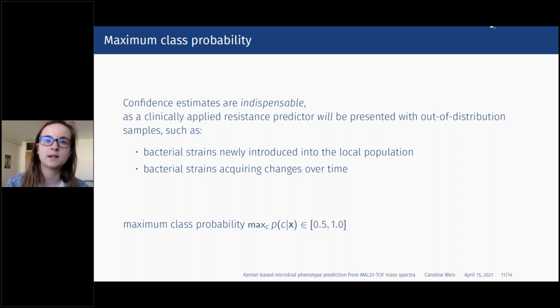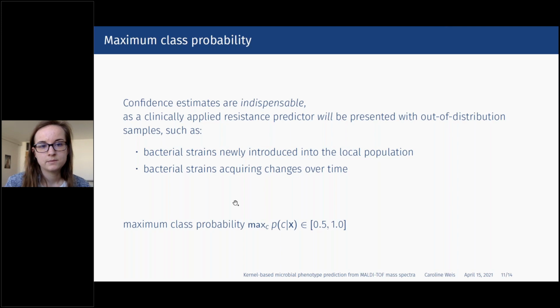Because if you're thinking about a clinically applied resistance predictor, the predictor will be given samples that it is not sure about, because a bacterial strain comes up in the clinic that is not part of your training data set. For example, if a patient comes in with a strain from traveling, and also changes occur in the strains over time. So you need to be able to assess the confidence of your model outputs.